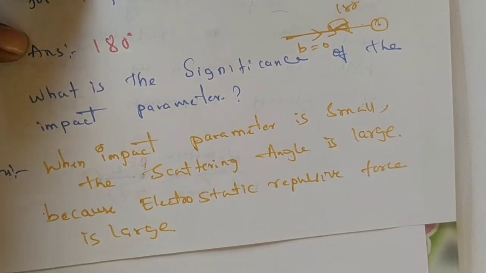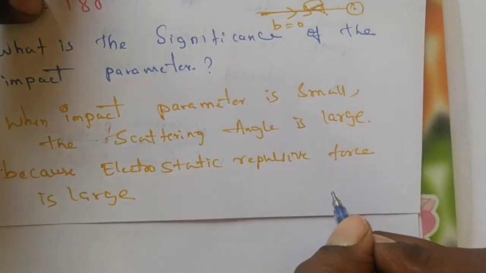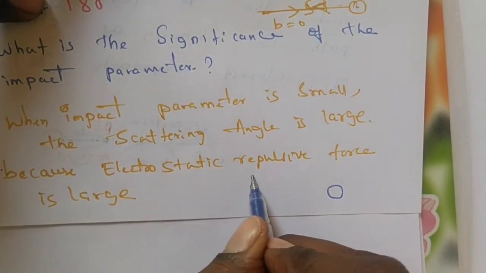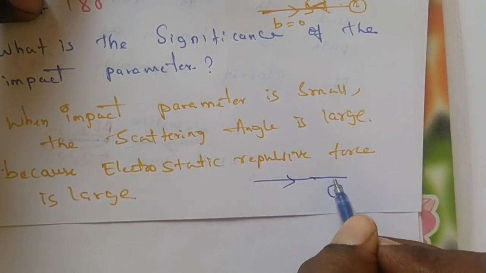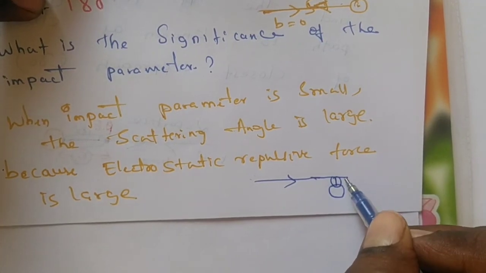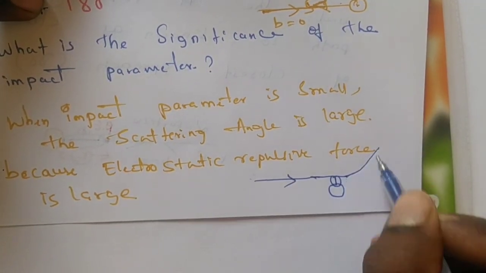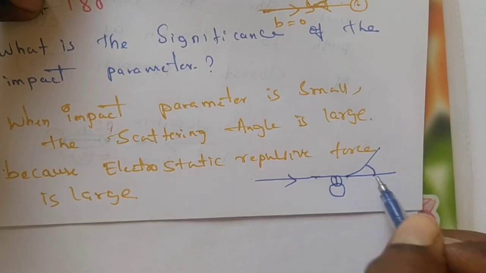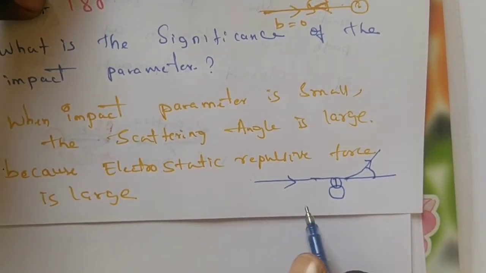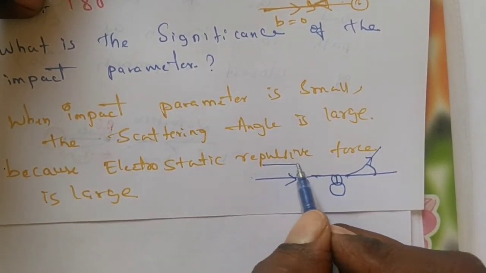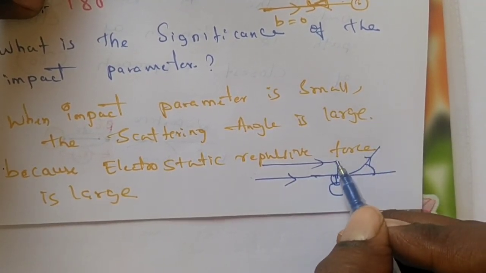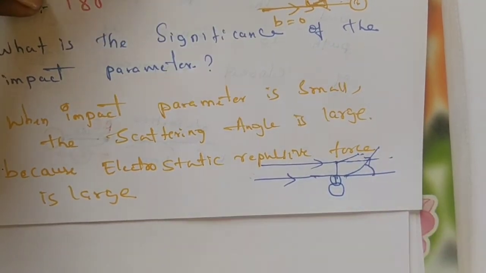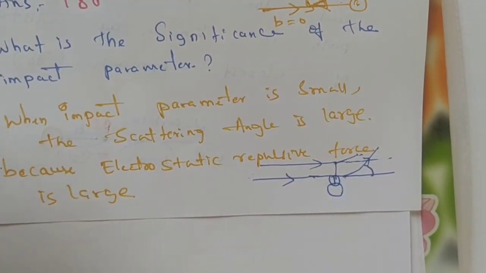When you consider this as a nucleus and this as an alpha particle, when the alpha particle is nearer to the nucleus, the distance between them is very small, and due to this more repulsive force will be acting. It will be scattered at a larger angle. When it is away from the nucleus, less repulsive force will be acting, and it will be scattered at a smaller angle or move along a straight line without deviating. This is the significance of the impact parameter.